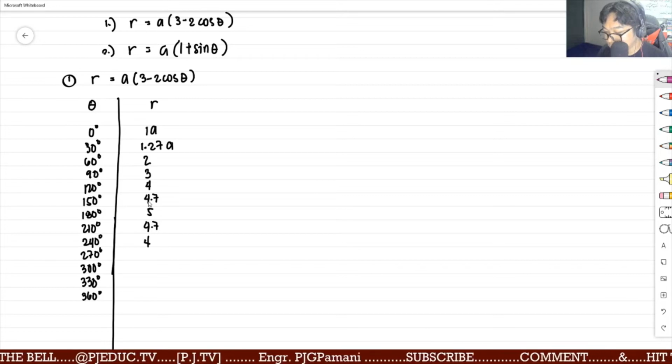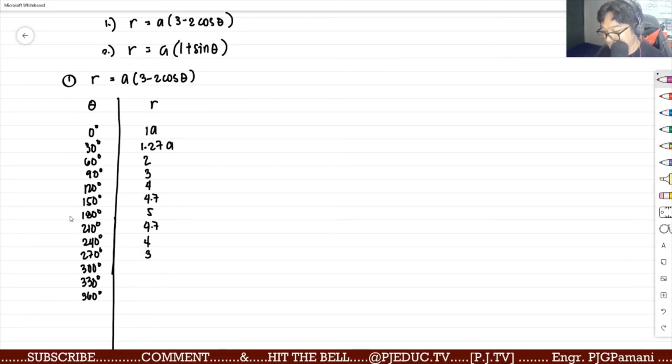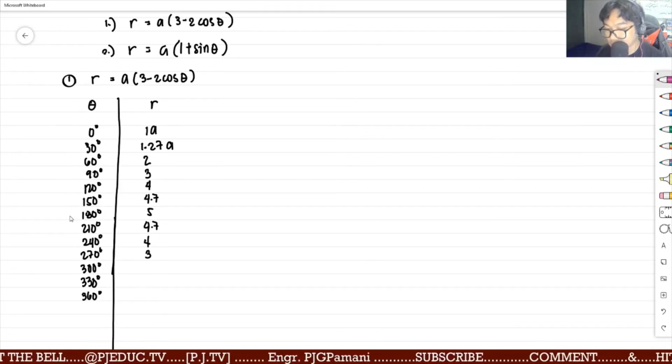And at 270, that is 3a. 3 minus 2 cosine 270.